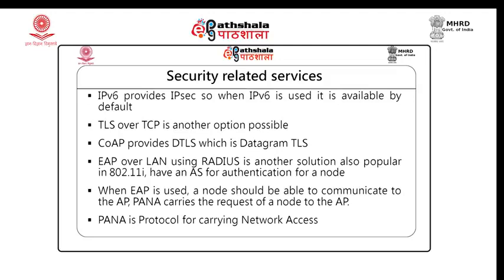So, what will it do? That device additionally runs a protocol called PANA. PANA will pick up that request and route it to the AP, and when the AP receives that request, it will process and forward it. So, PANA is a protocol for carrying network access authentication, and that is the protocol which is additionally needed.